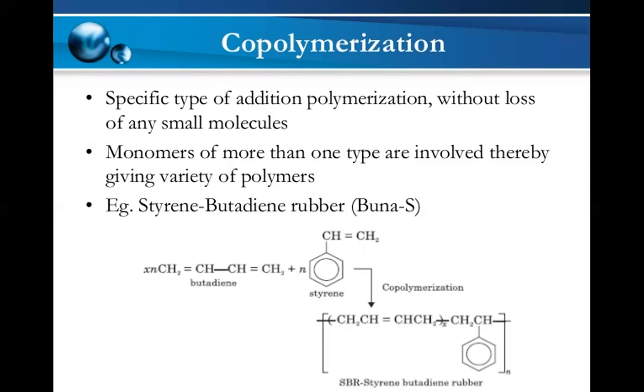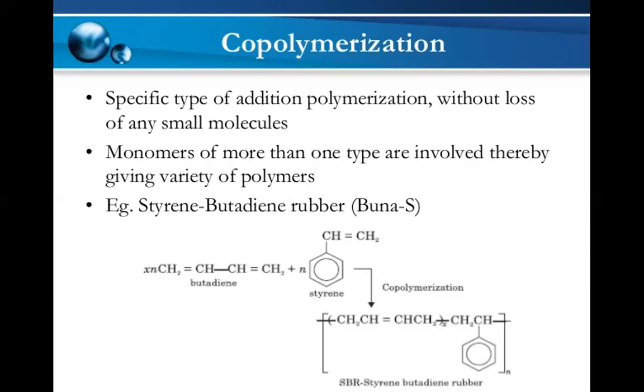The concept is the same as addition polymerization, in which monomers are united together to form a polymer without the loss of small molecules, that is water, alcohol, whatever it may be. And here, monomers of more than one type are involved, thereby giving a variety of polymers.